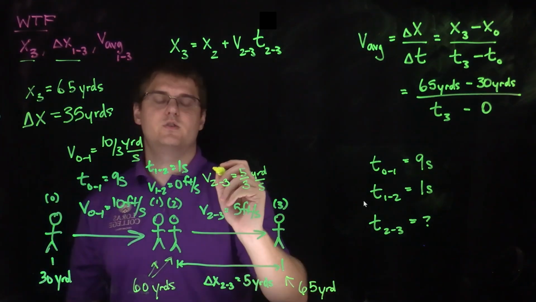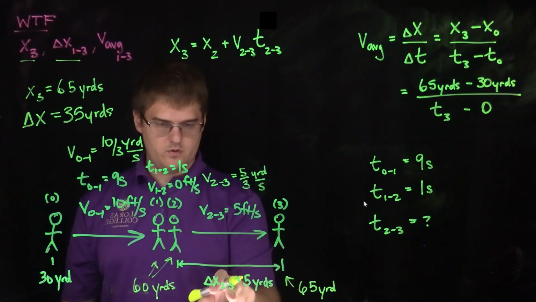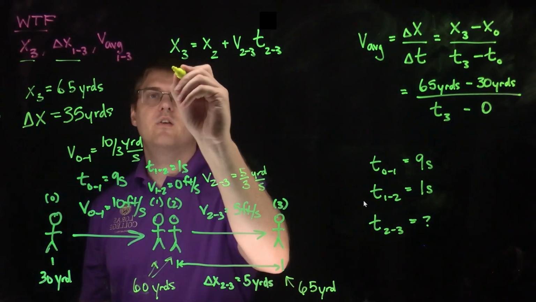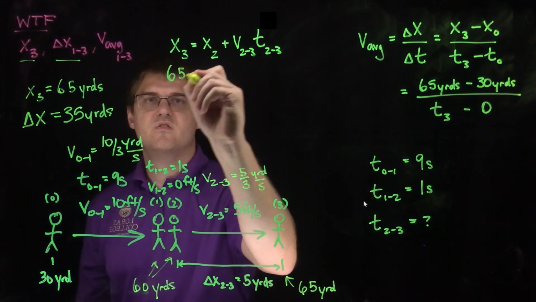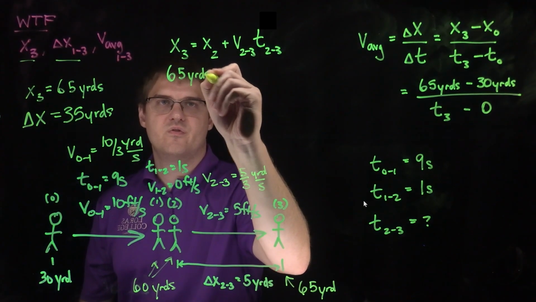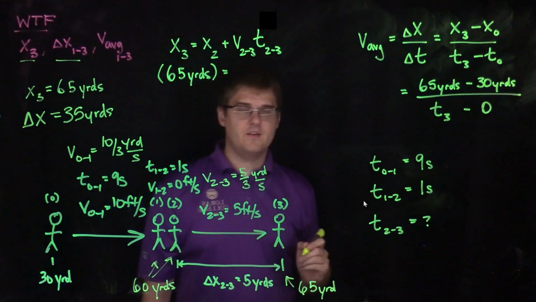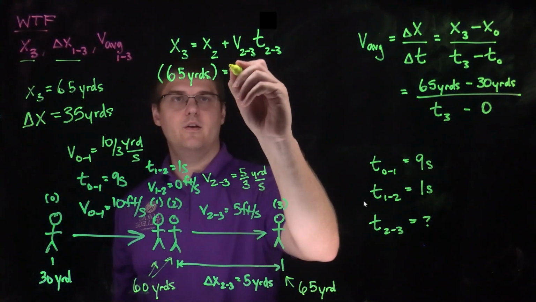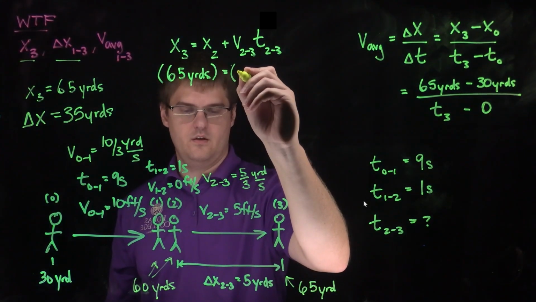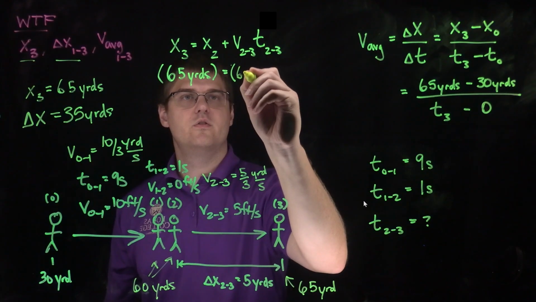My x at position 3, I know, is 65 yards. My x at time 2, I know, is 60 yards.